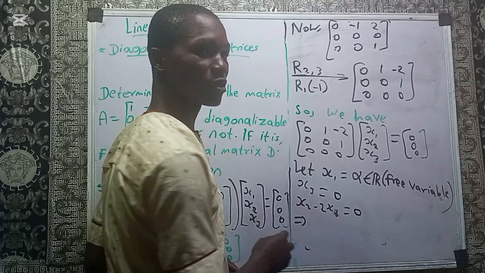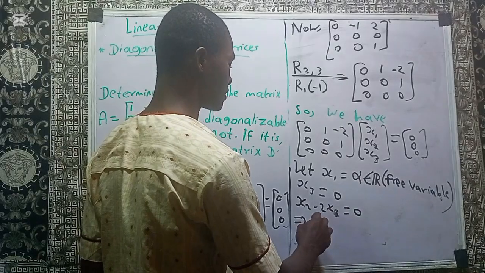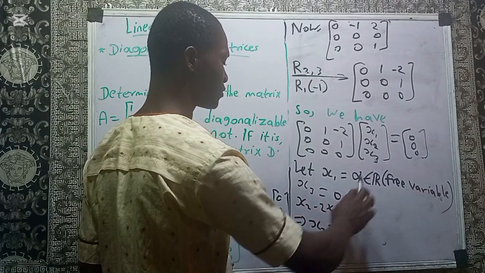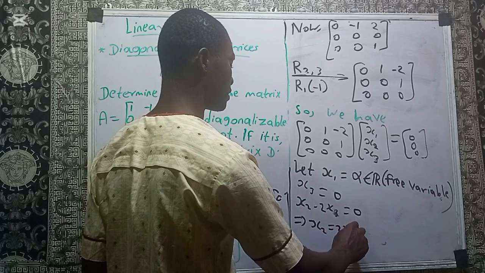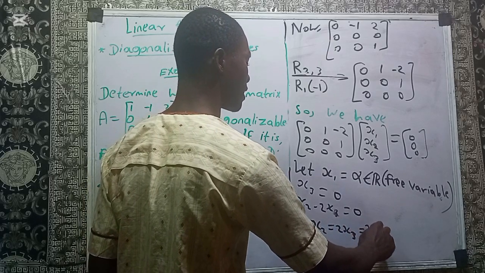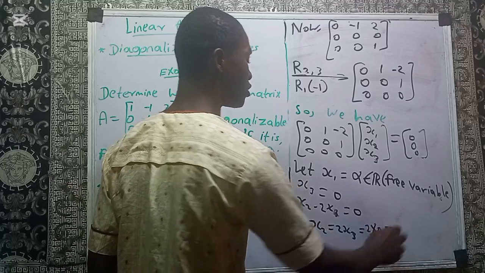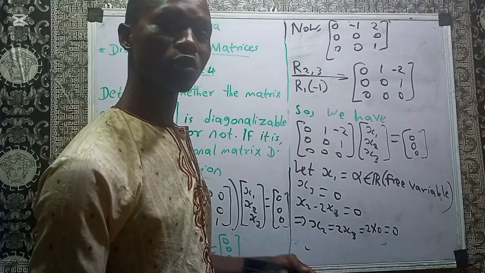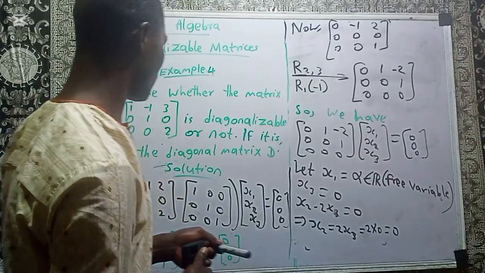So making x2 the subject of the formula, we move negative 2x3 to the right, and have positive 2x3, which is equal to 2 multiplied by 0, which is 0, because the x3 we have gotten is 0. So x2 is also 0.